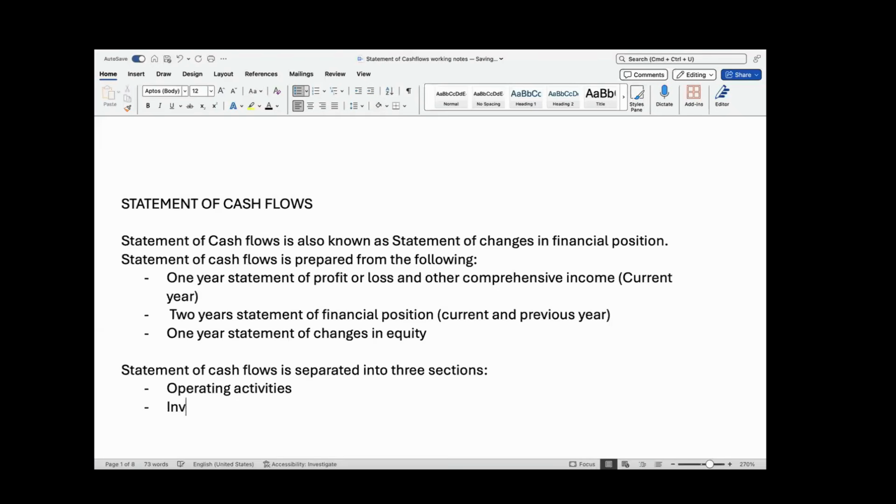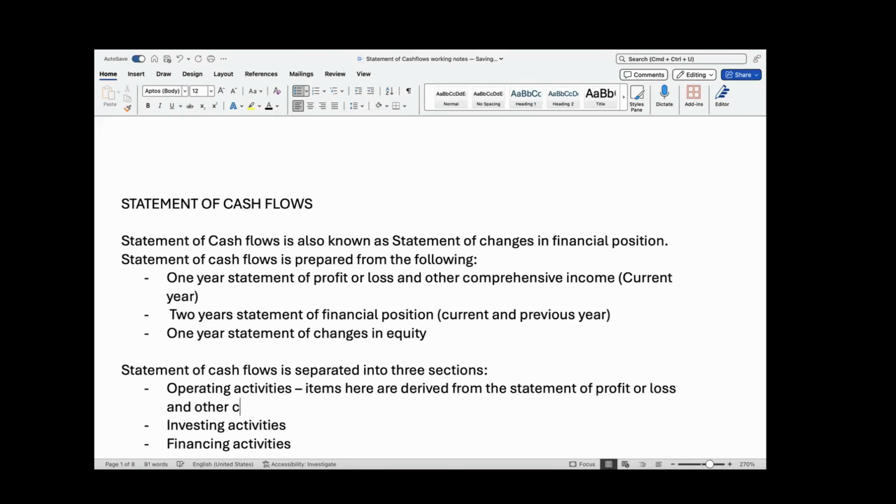We have the investing activities section. And we have financing activities section. Items in the operating activities are derived from the statement of profit or loss and other comprehensive income.